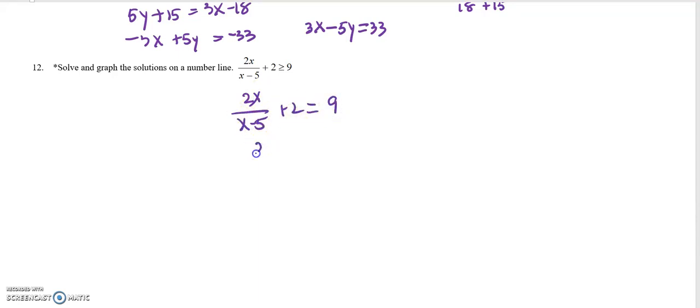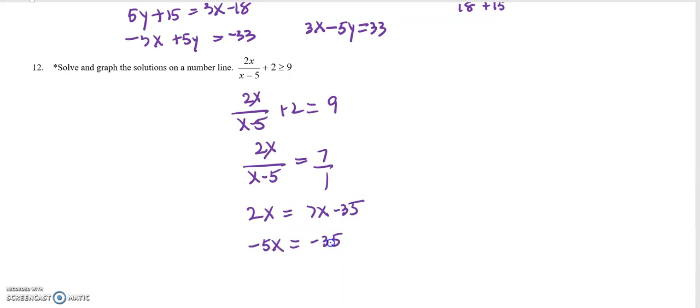Make equals. Subtract 2. Get a proportion. Finish this, solve it. We get 7. So on our number line, we're putting 7.